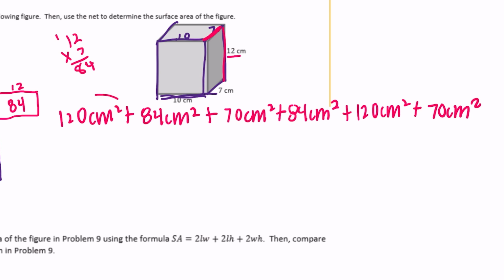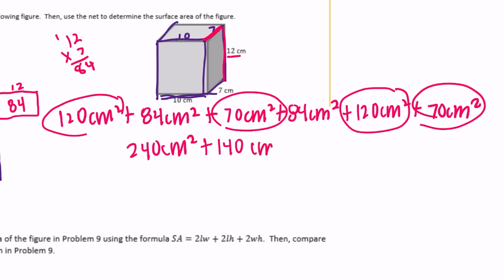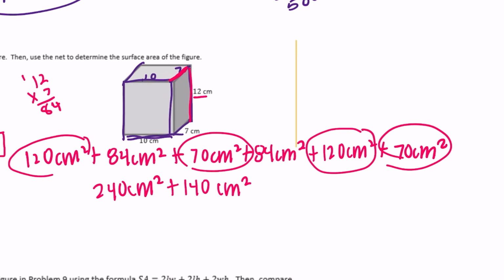I'm going to add the ones that are alike first. So 120 plus 120 would be 240. 70 plus 70 is 140. And 84 plus 84 is 168.